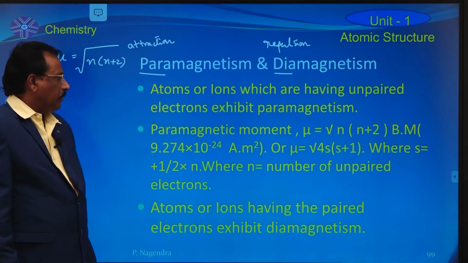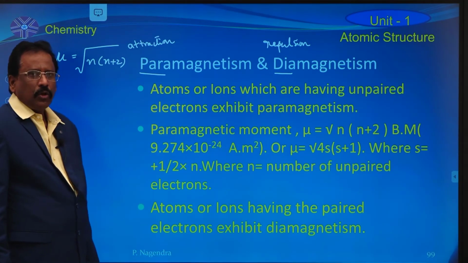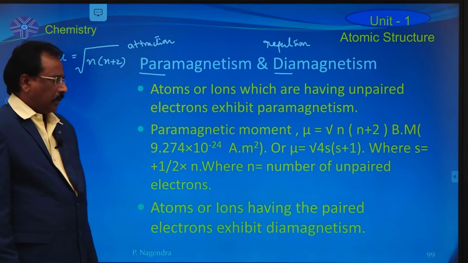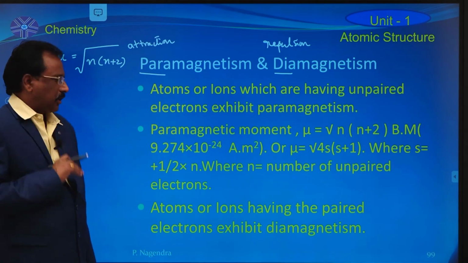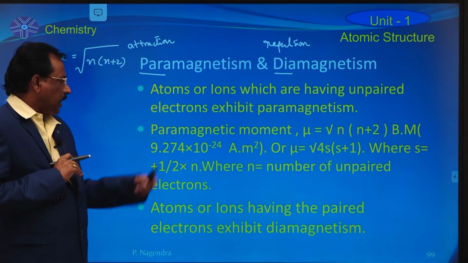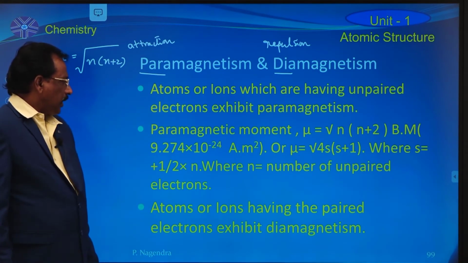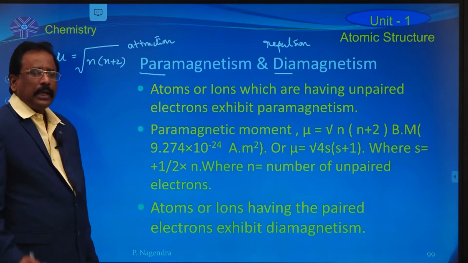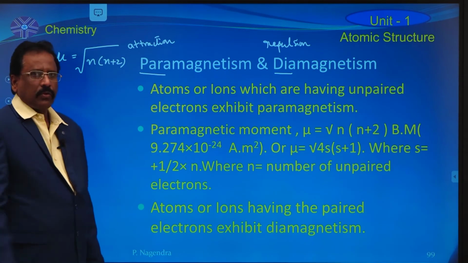The unit of paramagnetic moment is Bohr magneton. The paramagnetic moment is expressed in terms of Bohr magneton. One Bohr magneton is equal to 9.274 into 10 power minus 24 ampere into meter square.